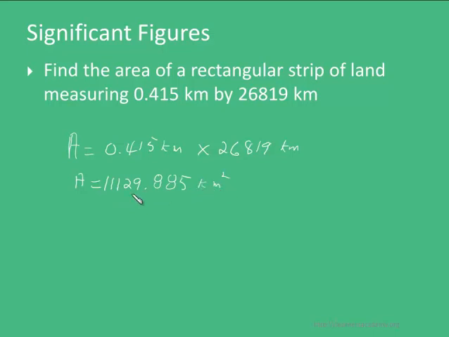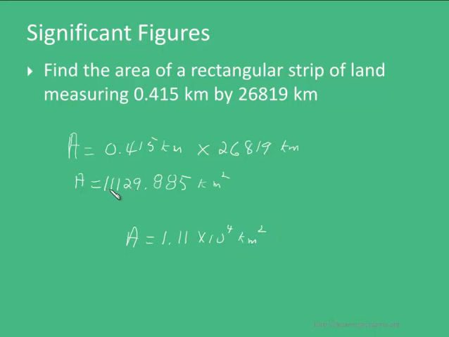Of course, we can't report this like this. If you're going to report the area, we have to say, how many significant figures do we have here? We have 5 significant figures. Here we have 3 significant figures. So this answer needs to be rounded off to 3 significant figures. And so we get 1.11 times 10 to the 4th kilometers squared.